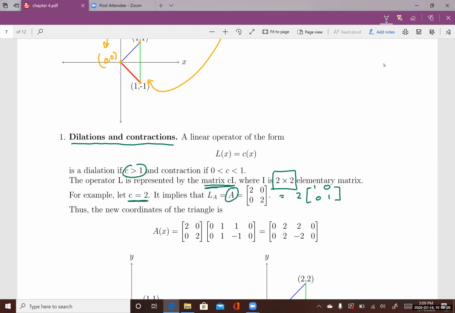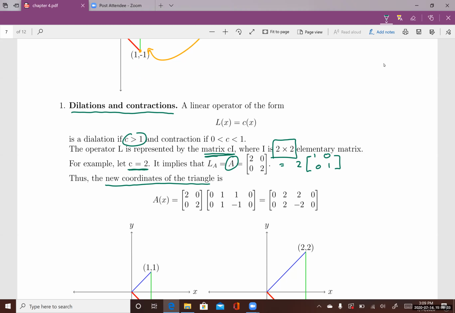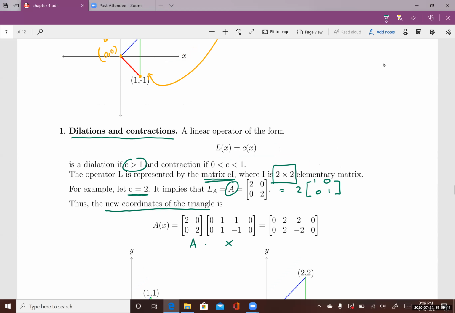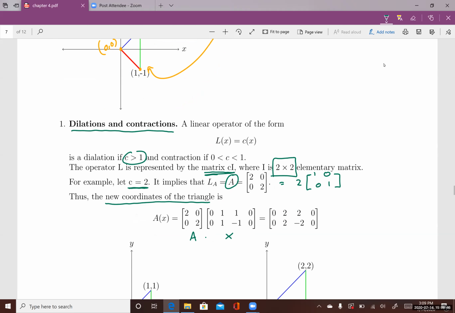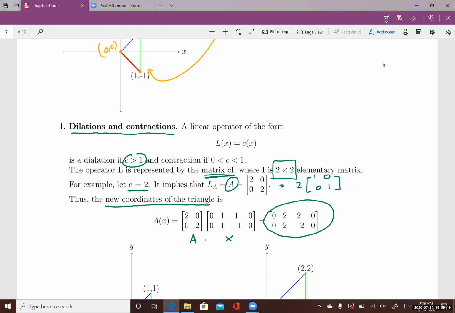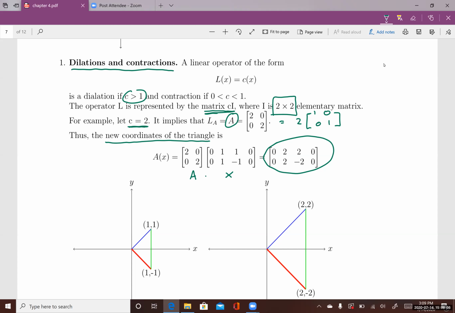And in order to find the new coordinates of the triangle after you dilate it by 2, you take A, which is the representing matrix for this dilation, and you multiply it by X, which is the matrix representing the original triangle. You get the new matrix. Reading this new matrix, this is the first vertex of the new triangle. This is the second vertex. This is the third vertex.